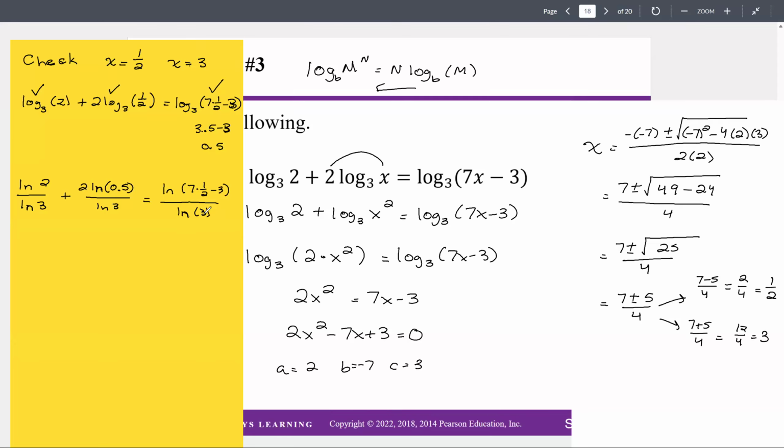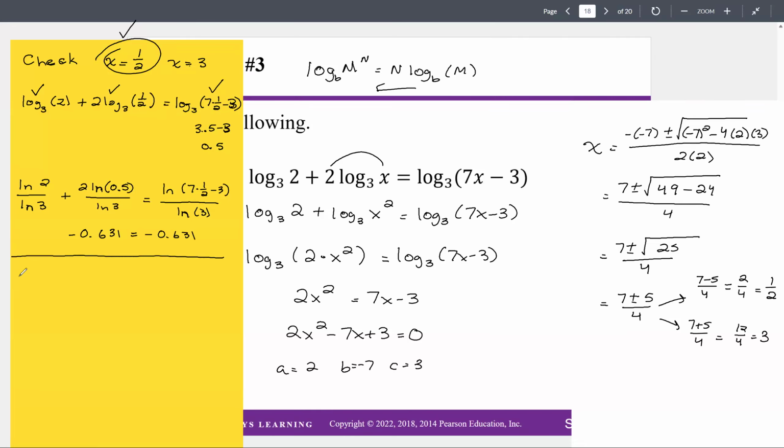I'm sorry, I'm having a little problem with my pen right now. If you did that, you would find that both sides are equal. So that one's an okay answer. This side would be approximately negative 0.631 equals negative 0.631. So this one is okay.